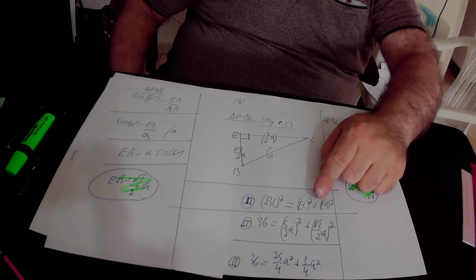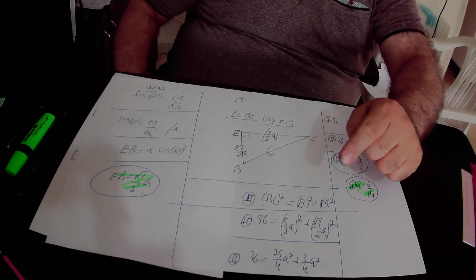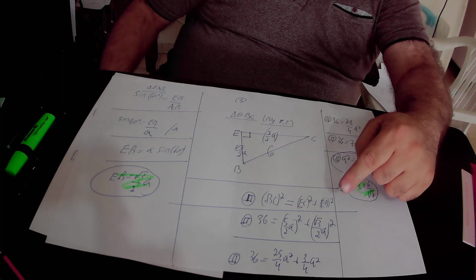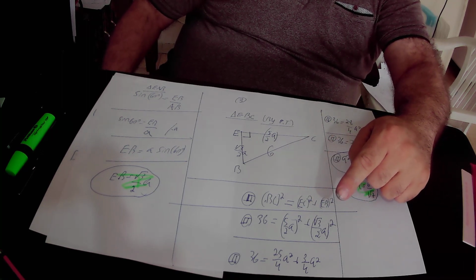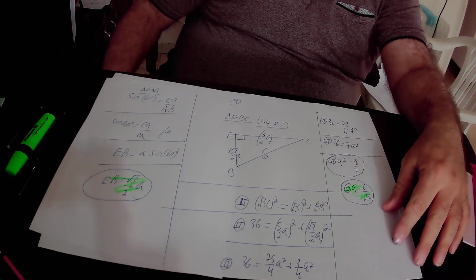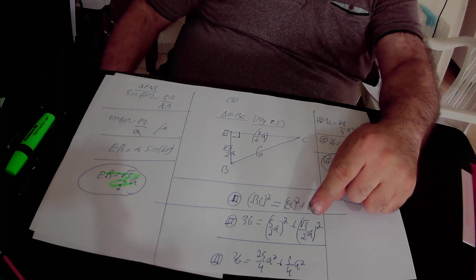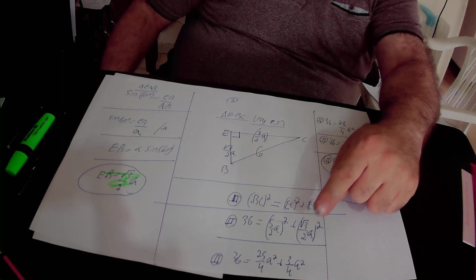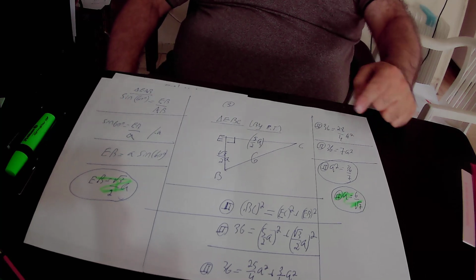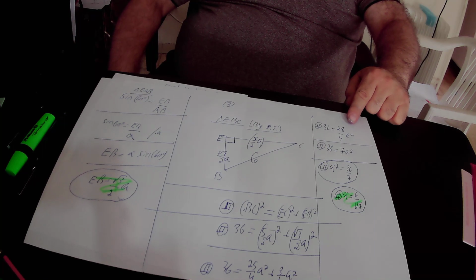Here we open the brackets and we found that 36 equals 25 over 4 times a squared plus 3 over 4 times a squared. 25 quarters plus 3 quarters is 28 quarters times a squared. So we found that 36 equals 28 quarters times a squared.